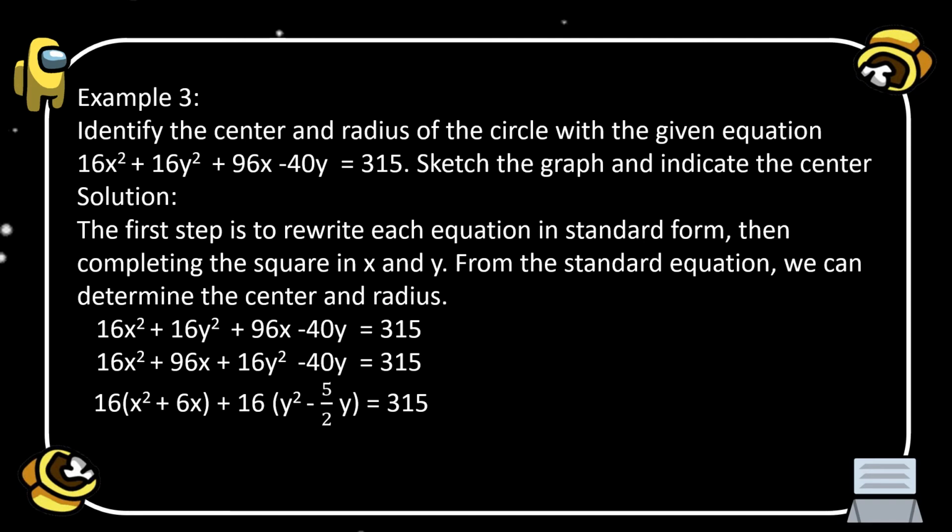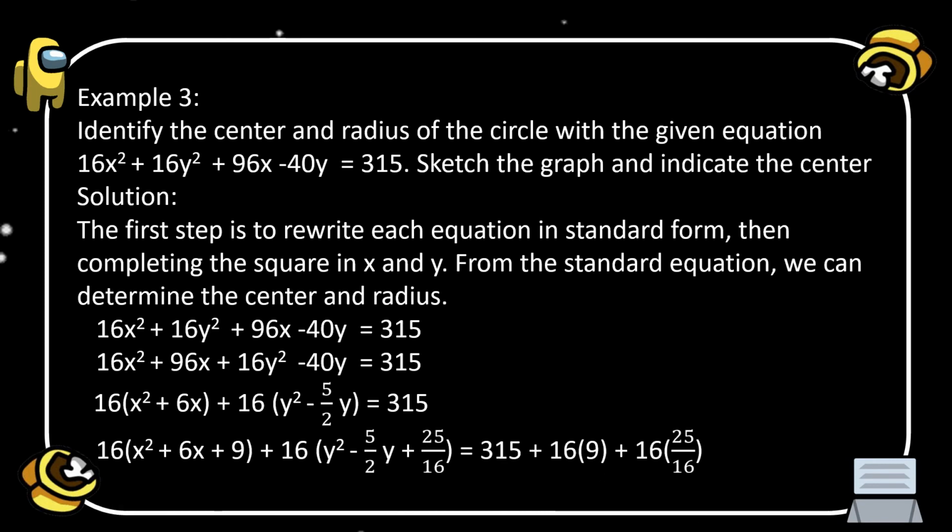The factor is also 16, and the other factor is y squared minus 5 over 2y, because 40 divided by 16 cannot be divided evenly, so we reduce. The reduced form of 40 over 16 is 5 over 2, then is equal to 315.